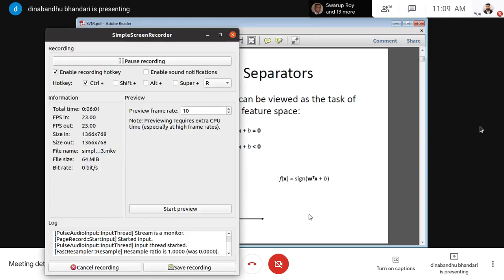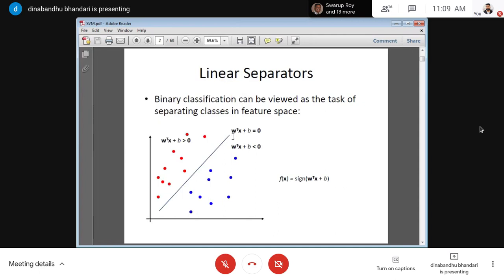And here this line is represented as, we are familiar with this, W transpose X plus B equal to 0. As I said, in the PLA or in neural networks, we considered the dummy variable in X, but here we didn't introduce that.